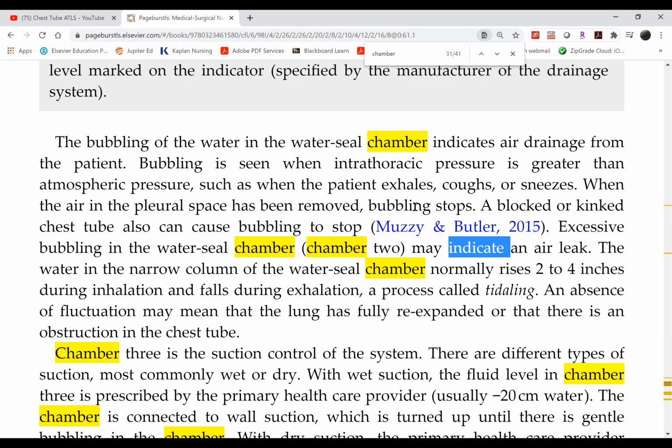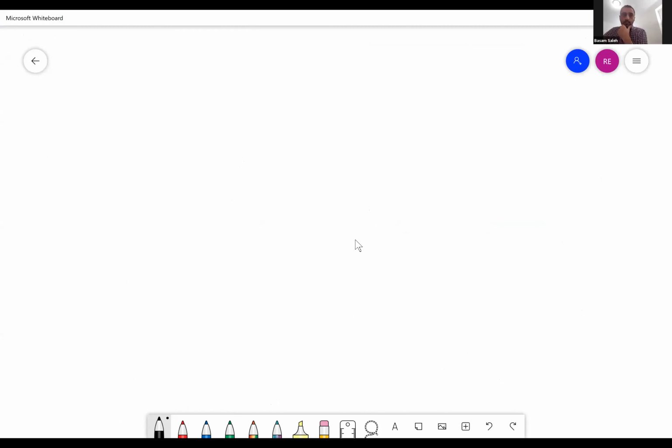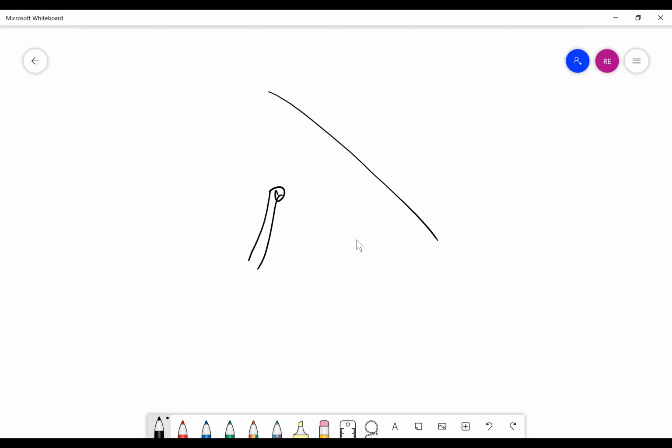Yes. Okay. Say this is the patient's chest wall, and this is where your tube is hanging out. So you wrap this with petroleum gauze, and then you put a drain sponge. So this is a drain sponge. It has a slit.